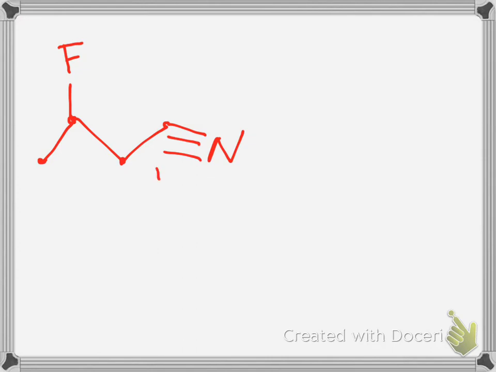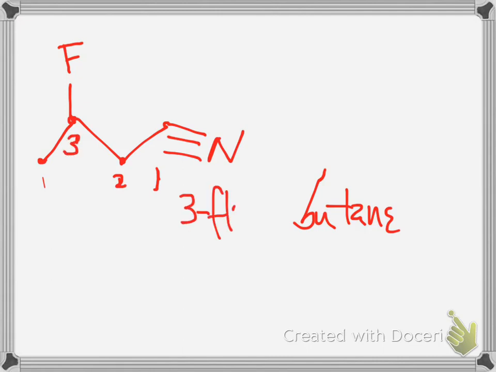So we have 1, 2, 3, 4 carbons, and so it becomes butane. And hanging off of carbon 3 is a fluoro group. So this becomes 3-fluorobutane nitrile, because you just add that ending.